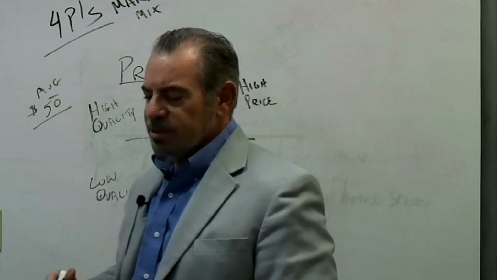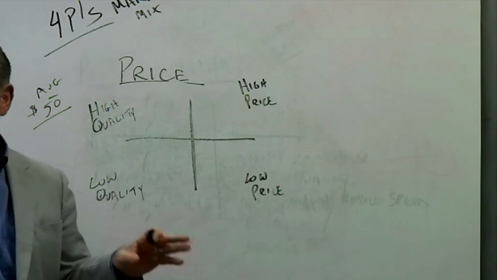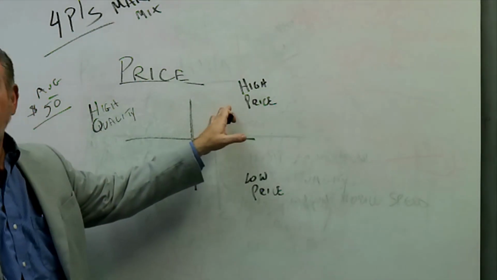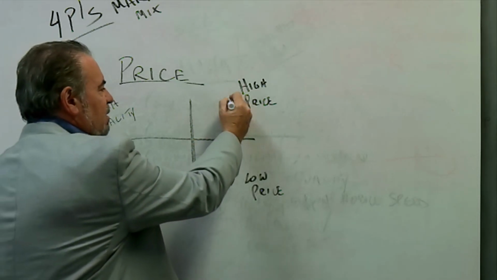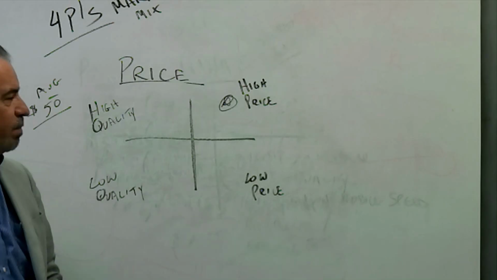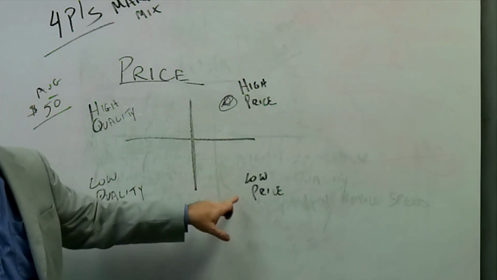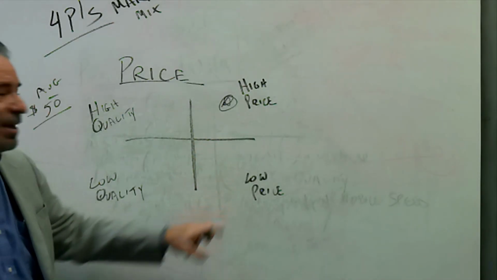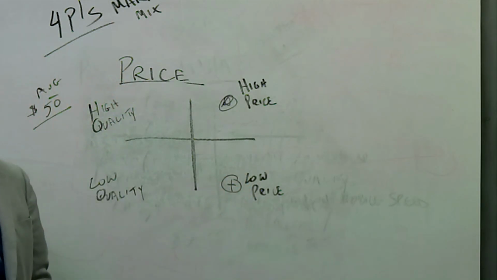So now the question is, where are we putting our product? We said that this product is going to be high quality, high price, right? So if we did that, that means it'll be about there somewhere. Agreed? Okay. You could also, if you wanted to, have a low quality, low price product and be down here. That's an option.